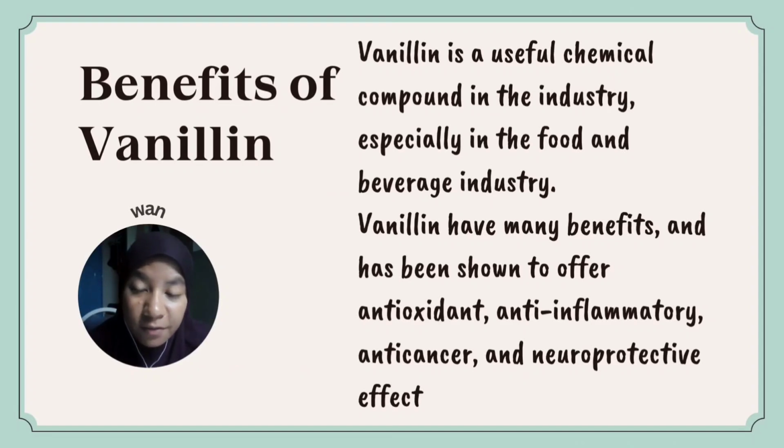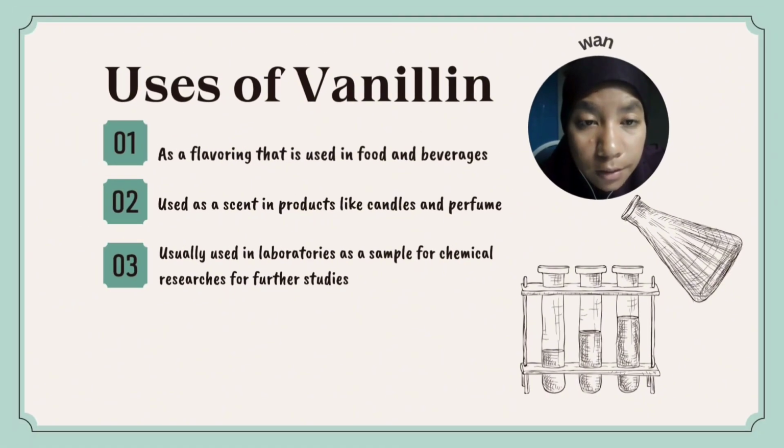The benefits of vanillin. Vanillin is a very useful chemical compound in industry, especially in the food and beverage industry. It has many benefits and has been shown by multiple studies to offer antioxidant, anti-inflammatory, anti-cancer, and neuroprotective effects. Now, what are the uses of vanillin?